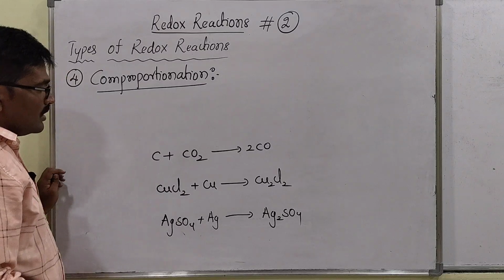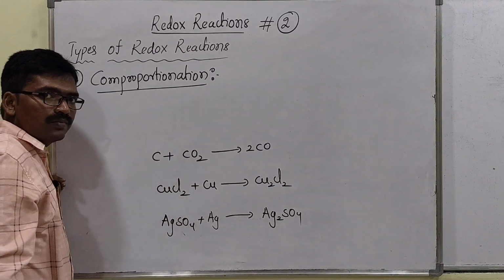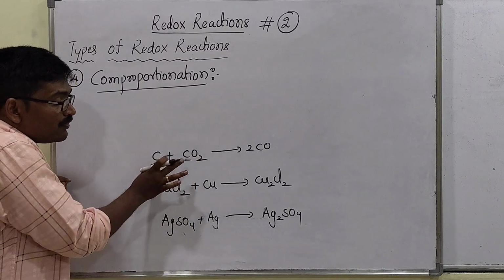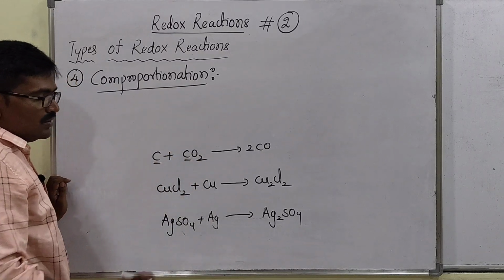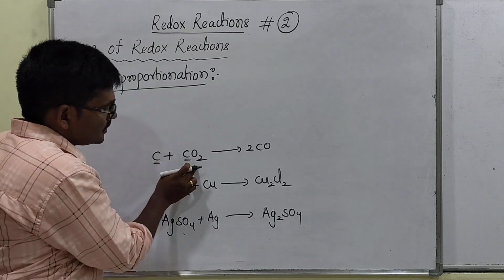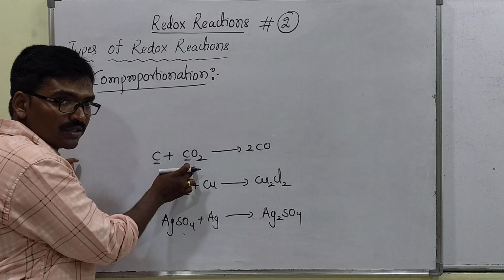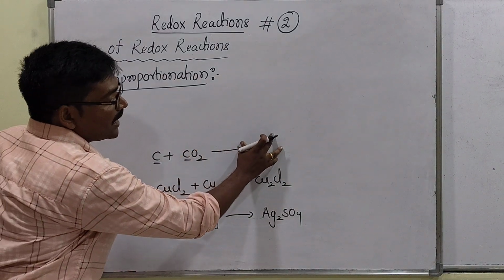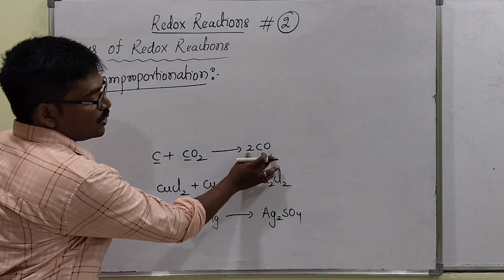So here two species having the same element but different oxidation states. Two species having the same element with two different oxidation states form a single compound, a single product.